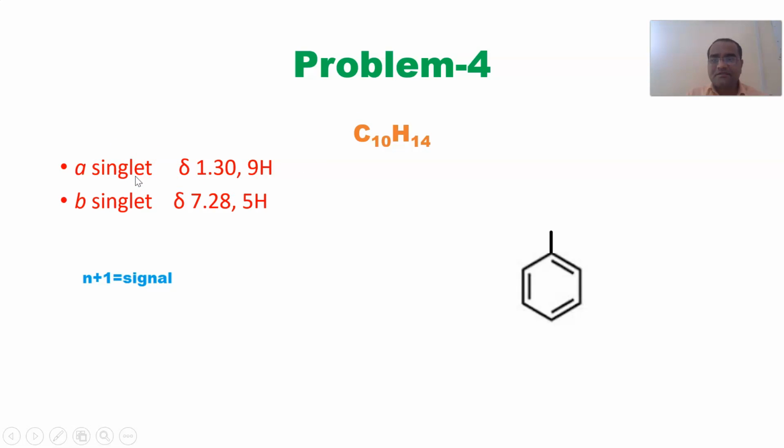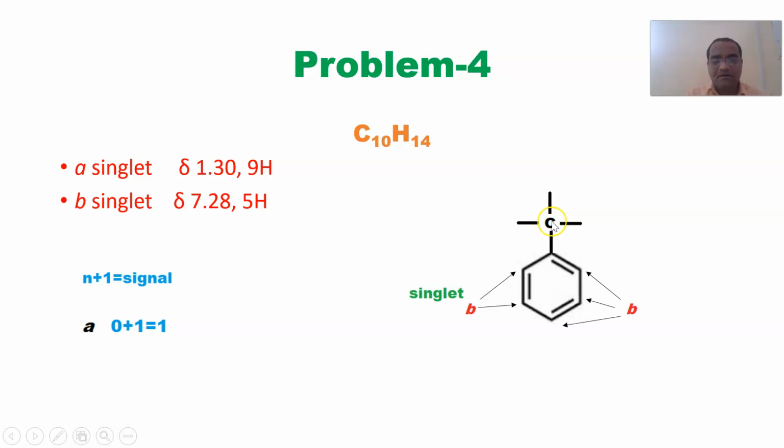It means that all the hydrogen atoms are equivalent in nature, and they should be the same. So what we will do is place a carbon, and now the signal for B is a singlet. A singlet means that N should be 0, and that is why it is showing a singlet.